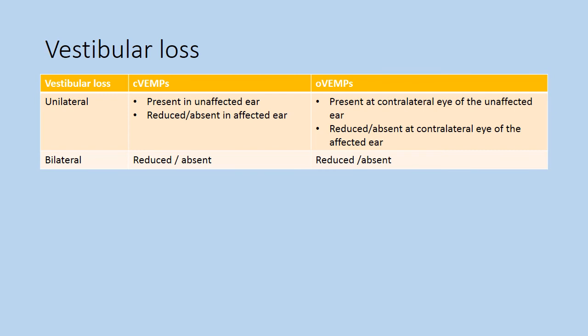Likewise, in patients with unilateral vestibular loss, OVEMs and CVEMs were absent or significantly reduced in the affected ears, with large asymmetry between the ears. For patients with bilateral vestibular loss, the recording of both cervical and ocular VEMPs will result in absent waveforms in both ears.